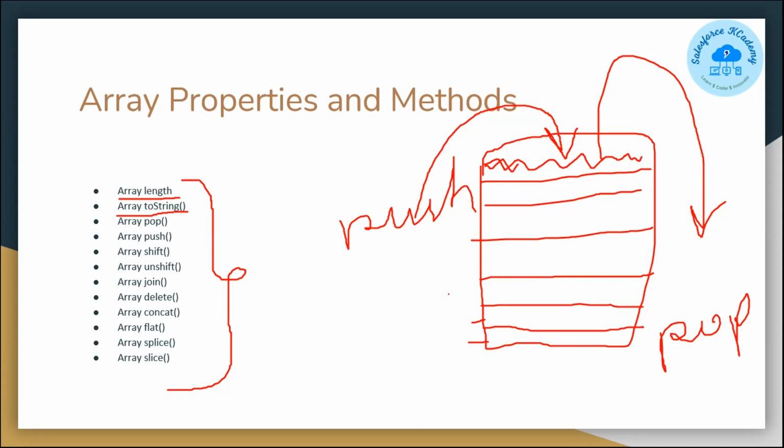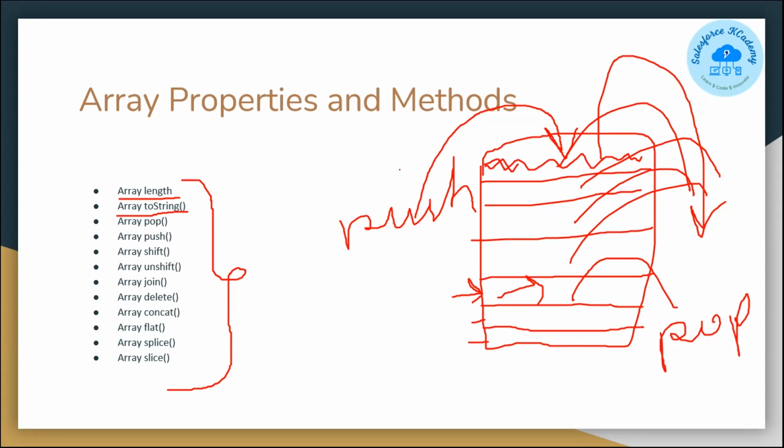To get this first value, how many pops do you have to do? Pop 1, pop 2, pop 3, pop 4. At pop 5, after doing the pop operation 5 times, you will get this value. Are you getting my point? Push and pop are like keeping a value at the end and removing a value from the end.